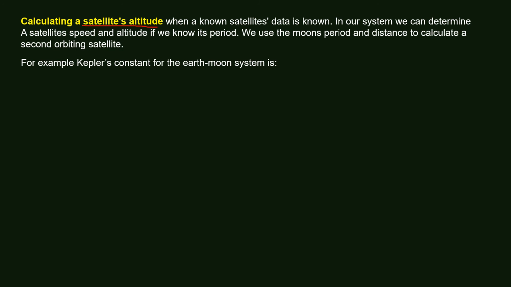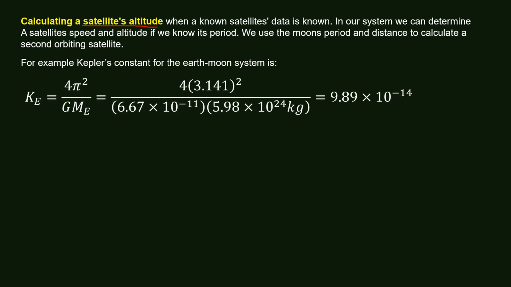So, for example, Kepler's constant for the Earth-Moon system is this equation right here, 9.89 times 10 to the minus 14th. So that is Kepler's constant for Earth, but we don't really need to use this, okay?